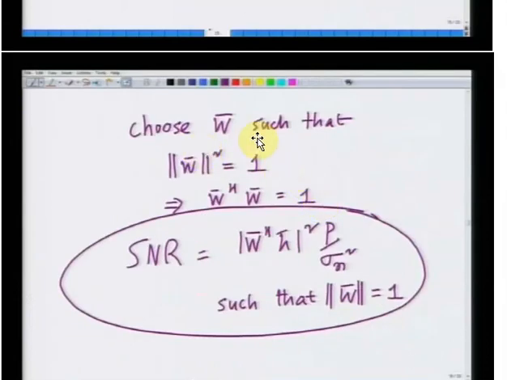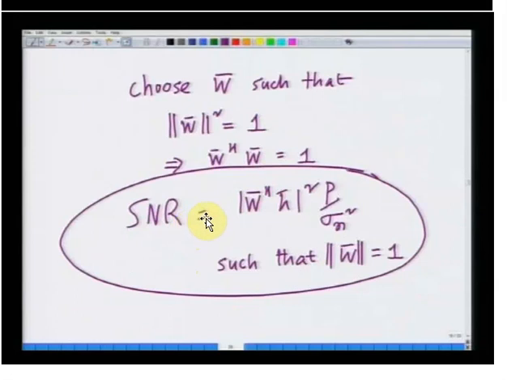We need to choose W bar such that the Frobenius norm squared of W is equal to 1, which gives W bar Hermitian W bar equal to 1. That means the SNR would be equal to |W bar Hermitian H bar|² P divided by σn², such that the norm of W bar is equal to 1.